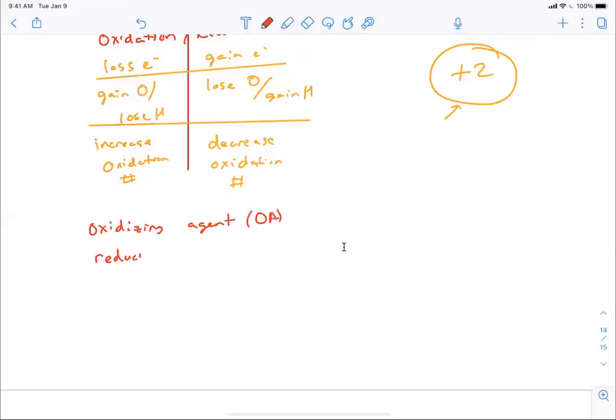Oxidizing agent, reducing agent. Oxidizing agent is being reduced, and the reducing agent is being oxidized. That's why it's facilitating the opposite.